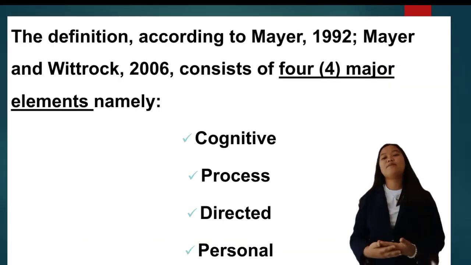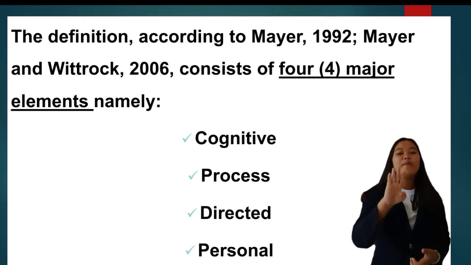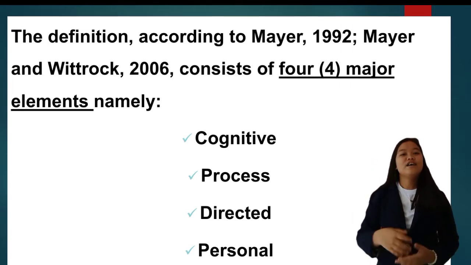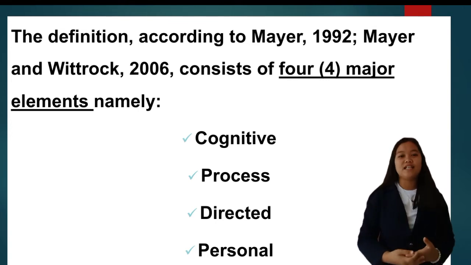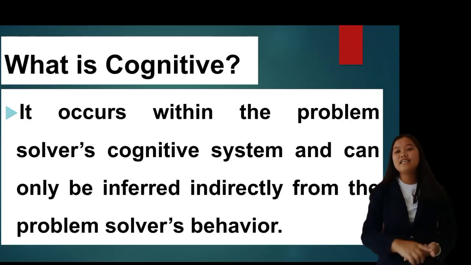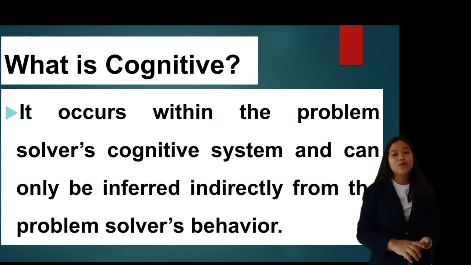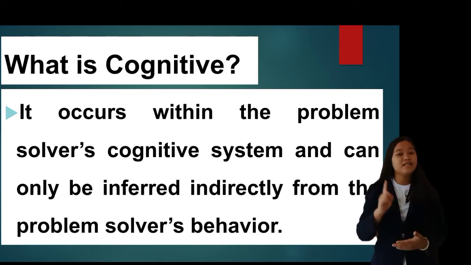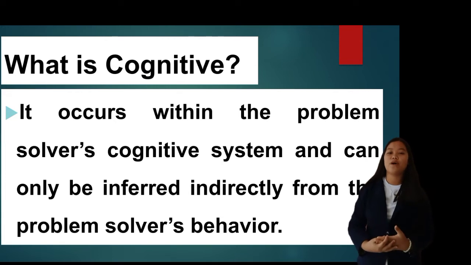According to Wittrock and Mayer's definition of problem solving, there are four major elements, namely cognitive, process, directed, and personal. Let us begin in knowing what is cognitive. Cognitive occurs within the problem solver's cognitive system and can only be inferred indirectly from the problem solver's behavior.